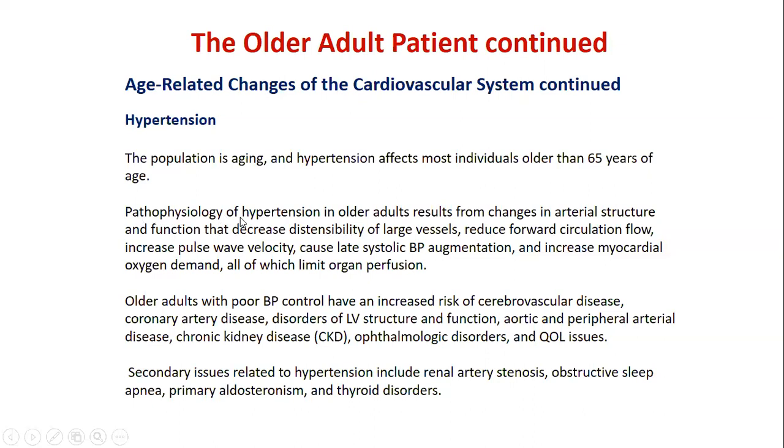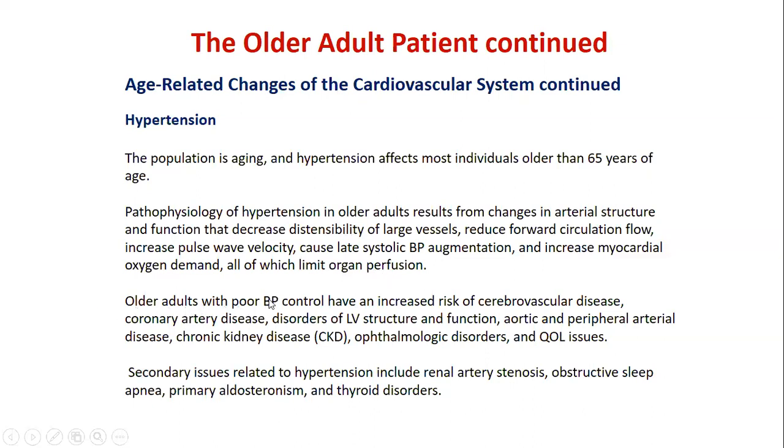Also, the pathophysiology of hypertension in older adults results from changes in arterial structure and function: decreased distensibility of large vessels, reduced forward circulation flow, and increased pulse wave velocity, which cause late systolic blood pressure and increase myocardial oxygen demand, all of which limit oxygen perfusion.